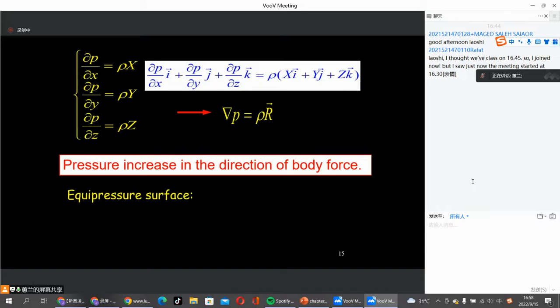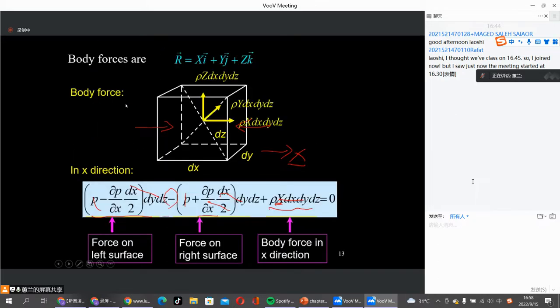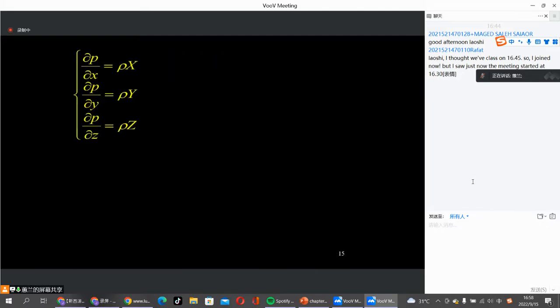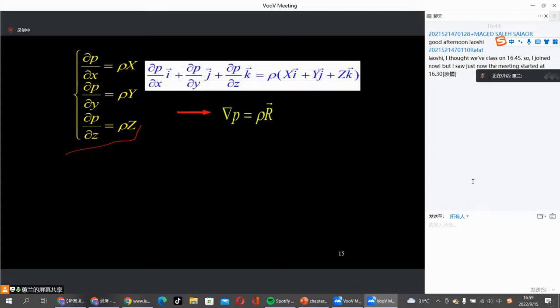When you dive into the sea, as you go deeper and deeper, you will feel more difficult to breathe. Why? Because the pressure of the seawater increases in the direction of the gravity force. Okay, so the Euler equilibrium equations are very important. Later on, we will use them to solve more phenomena.